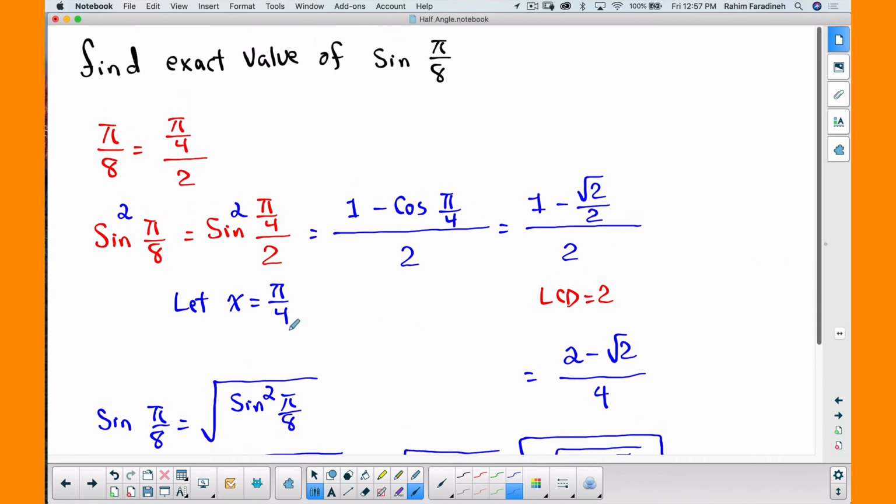I intentionally left this square out because it's a very easy trap to fall into. We were looking for sine of pi over 8, and we have the formula for sine squared of pi over 8. We do the calculation, but then at the end we need to take the square root of it.